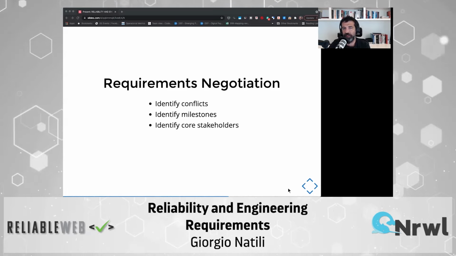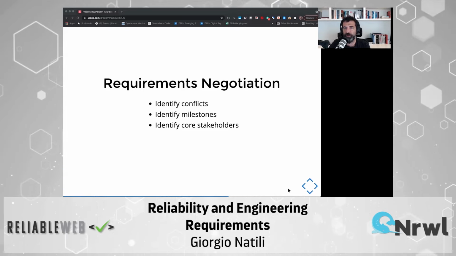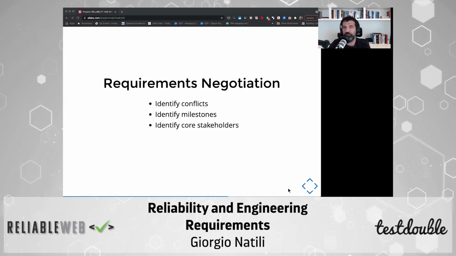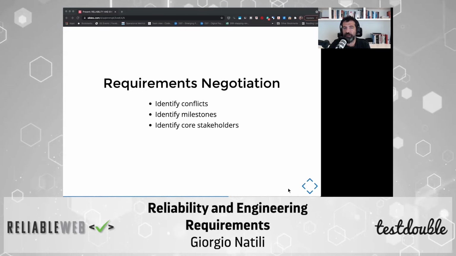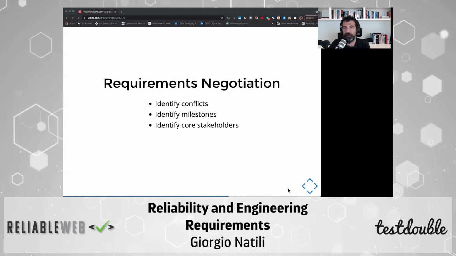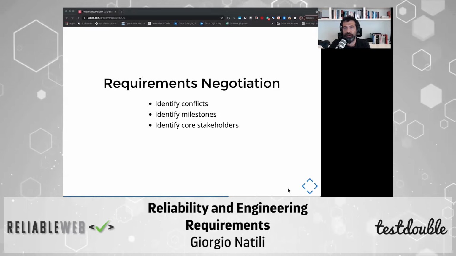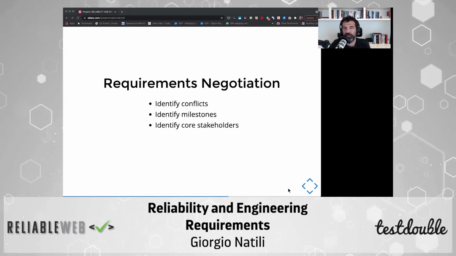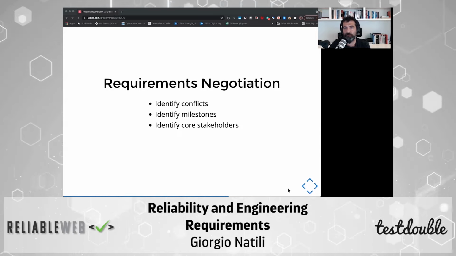For instance, if a stakeholder has a specific threshold for the latency and you have a different one, that's clearly a conflict. But you can also use this as an opportunity to identify milestones and reach maybe the desired latency in multiple releases. Or if it's not achievable, you can have a conflict resolution.